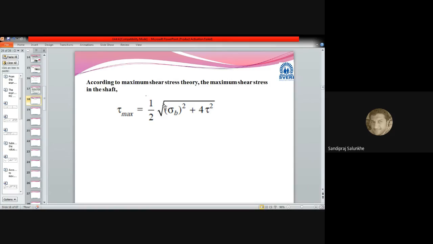All these equations we calculated in the first chapter by means of Mohr's circle, if you are remembering.